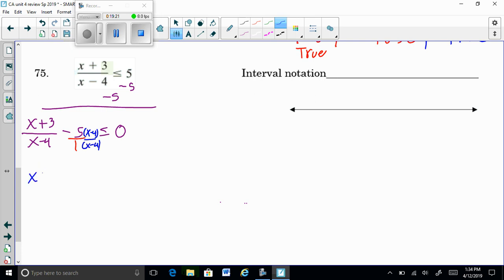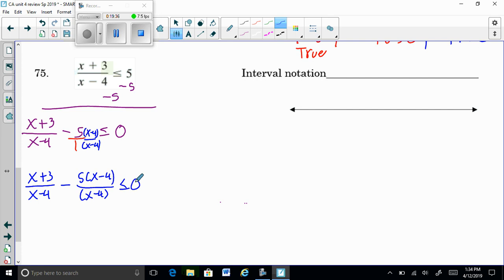So let's see what we have here. x plus 3 over x minus 4 minus 5 times x minus 4 all over x minus 4, less than or equal to 0.